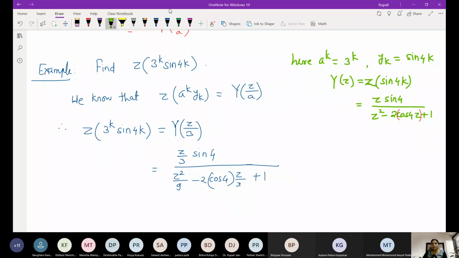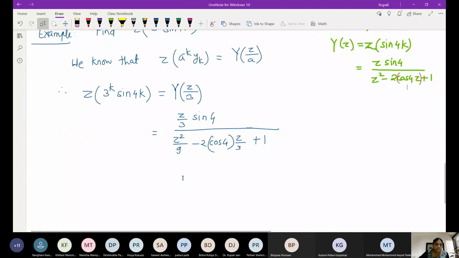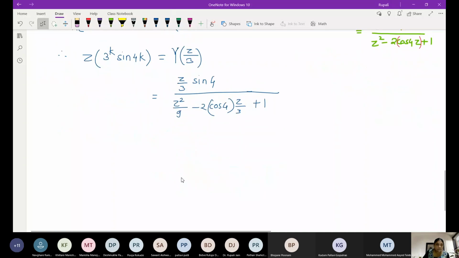Here this a is different. Okay. So just simplify this. If I simplify, this can be written as 3z sine 4 divided by z square minus 6z cos 4 plus 9.